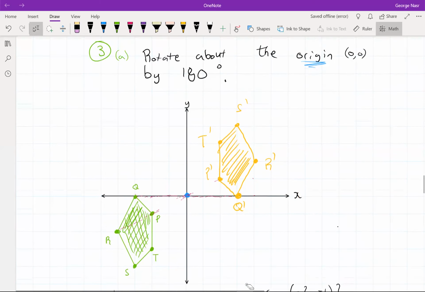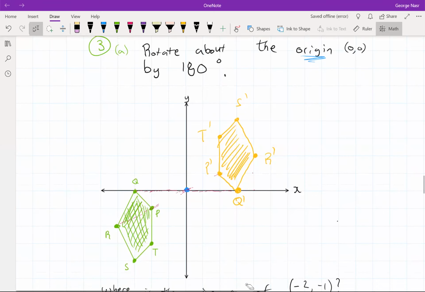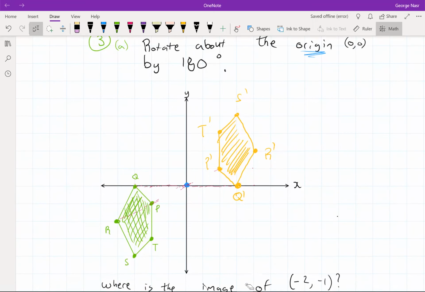One thing I recommend you do right now as a little experiment, especially if you have this printed out, is take the page right now and literally flip it around 180 degrees. When you flip it around 180 degrees, these guys are going to switch places perfectly.